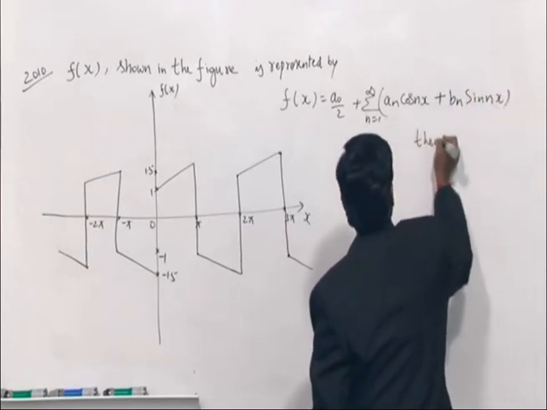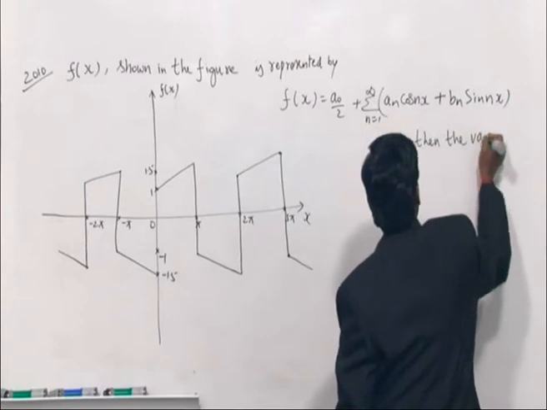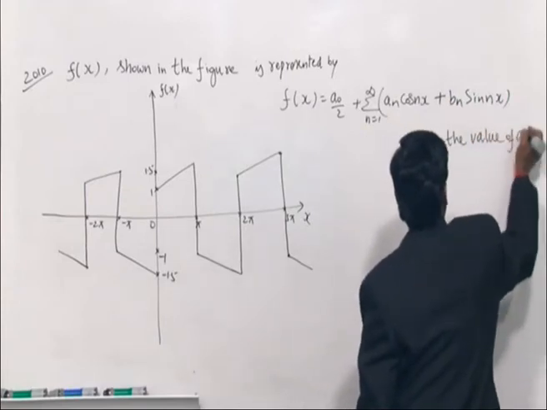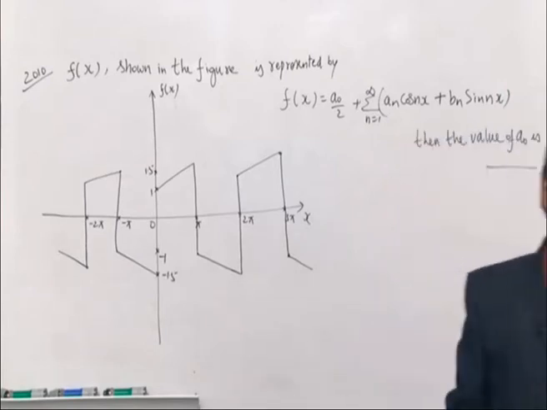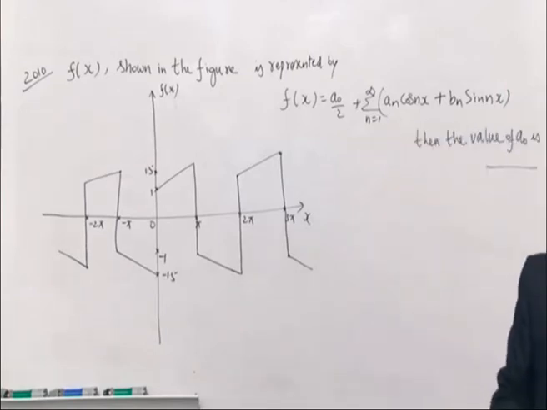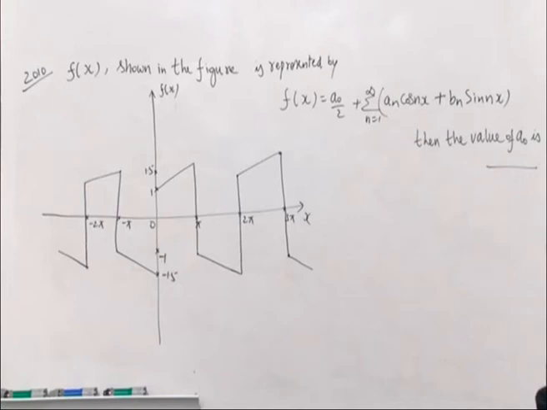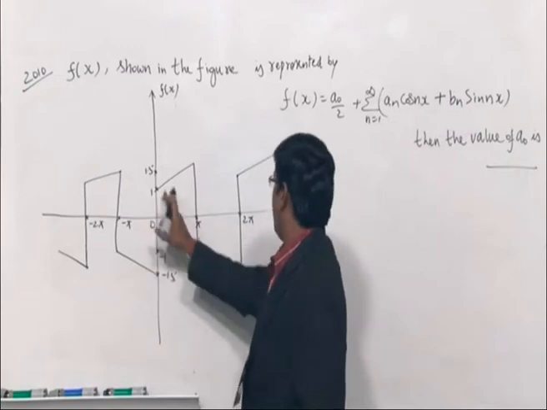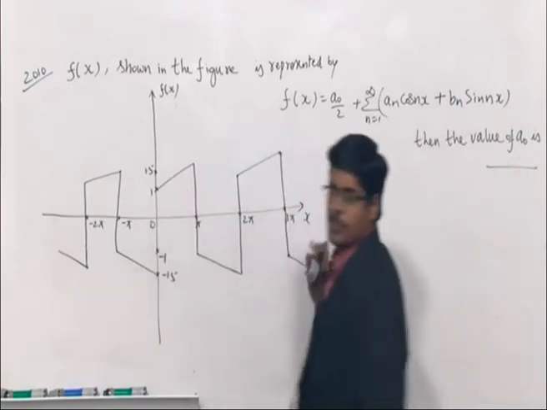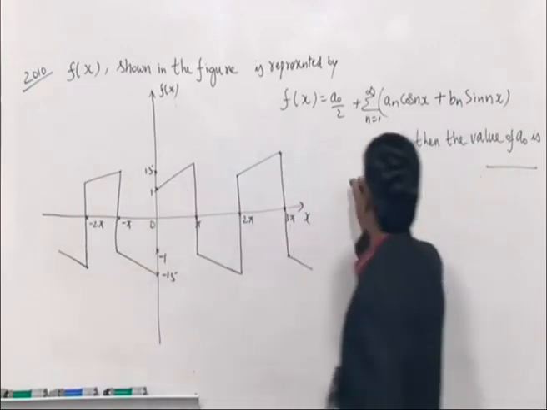Then the value of a naught is, this is the question asked. So if you consider between minus pi to pi or 0 to 2 pi, same shape repeats. Okay? Solution.